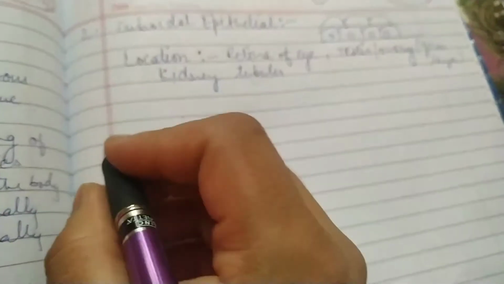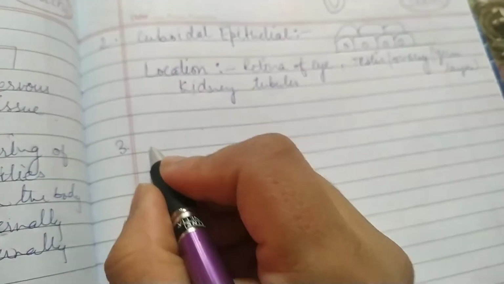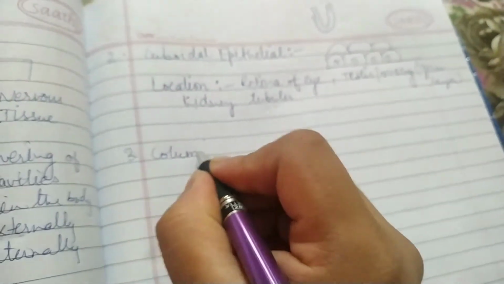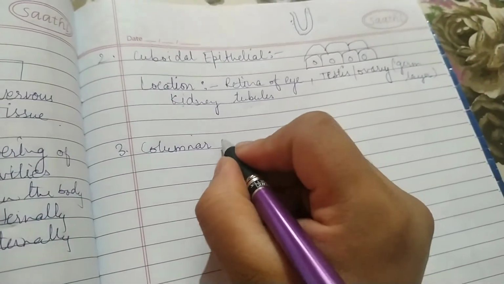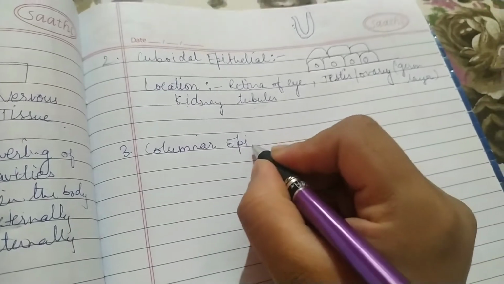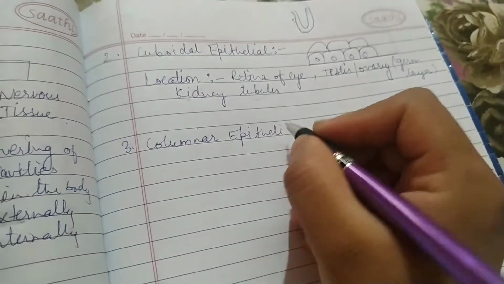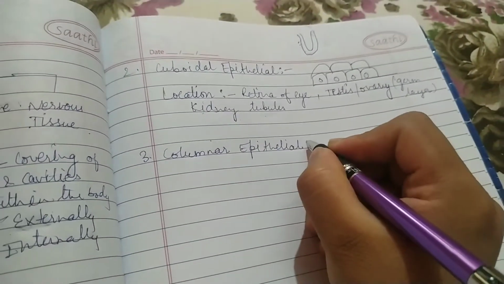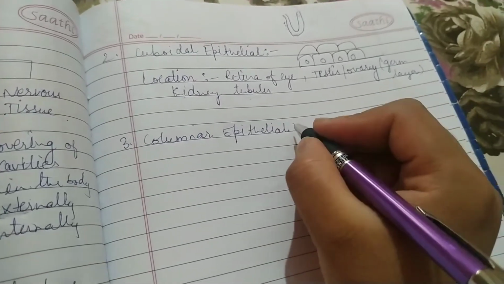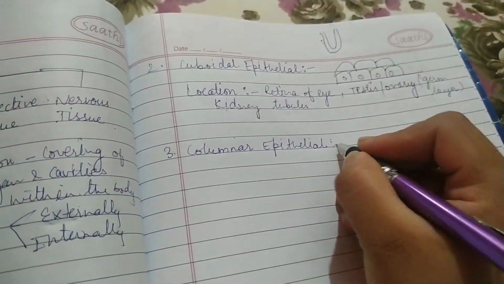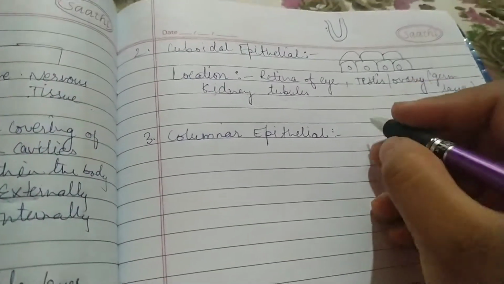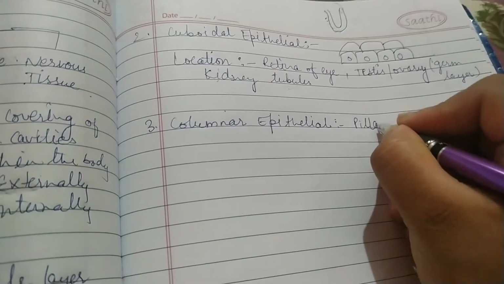So let's move to our third type, that is columnar epithelial. It is basically a pillar-like structure.